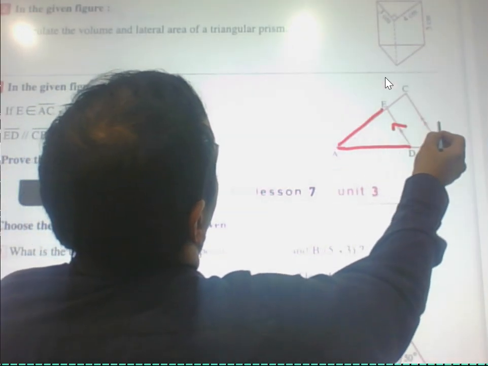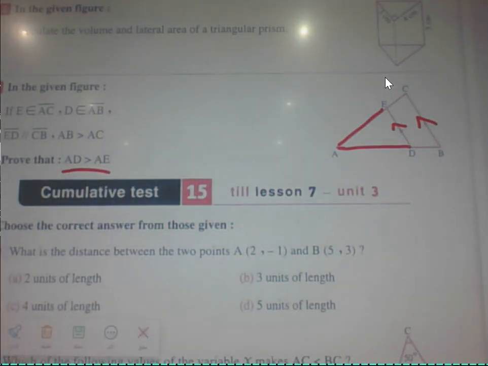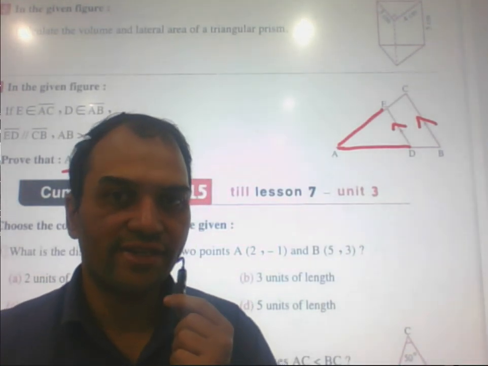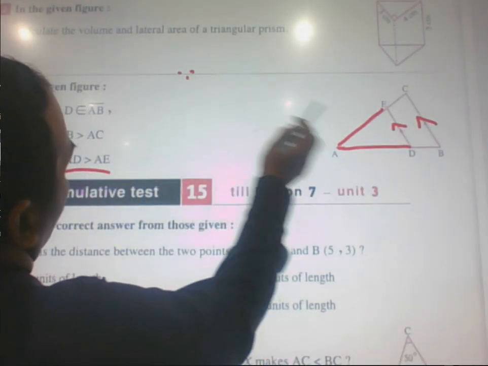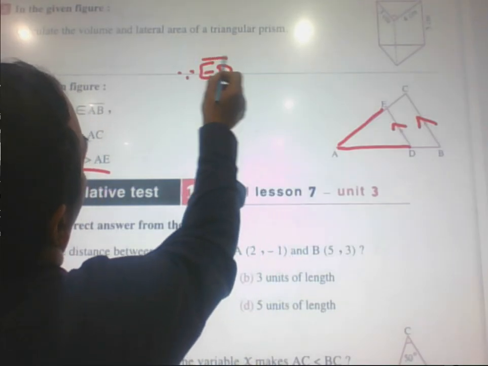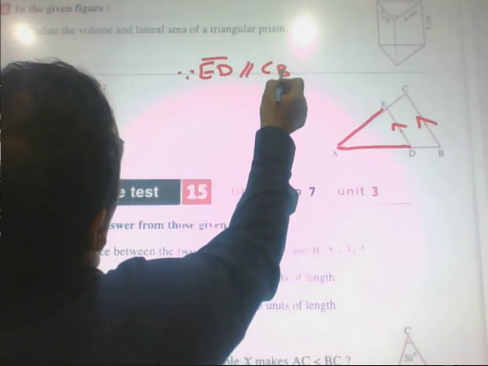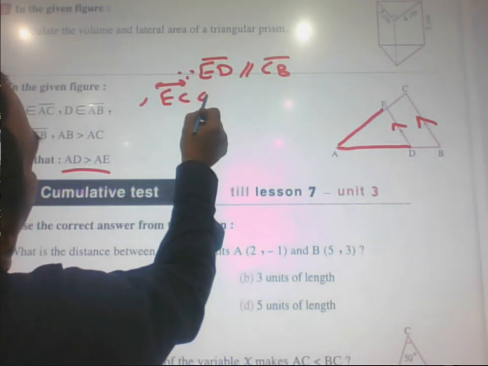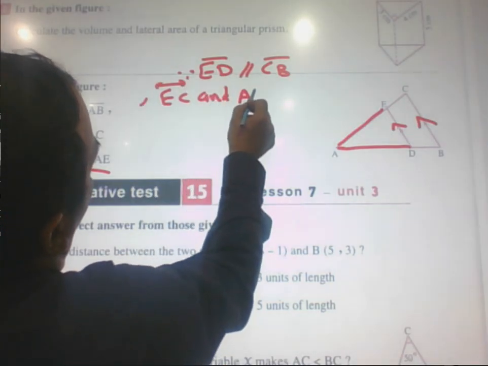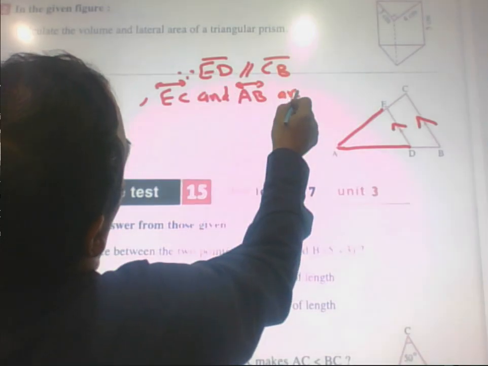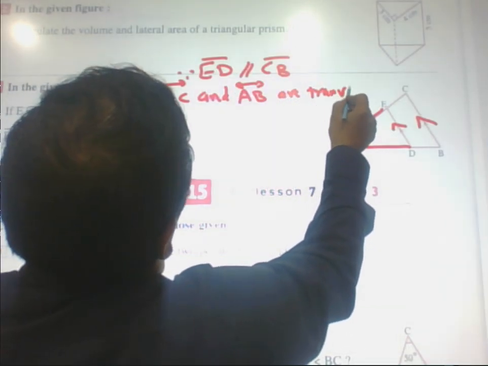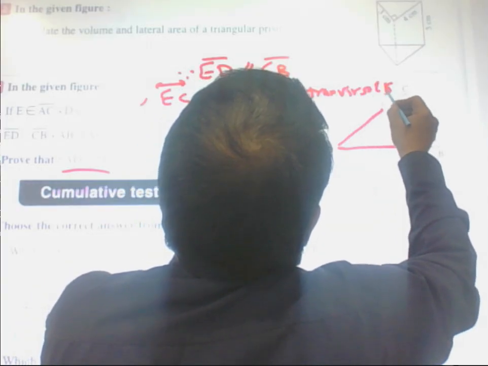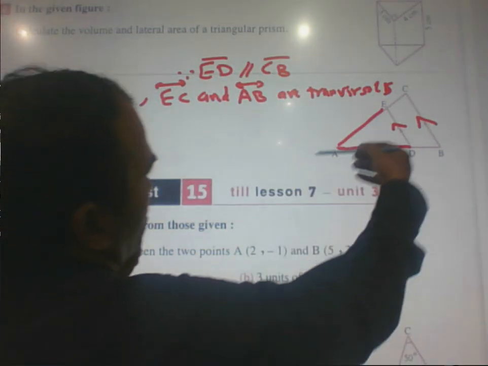First step, we have two parallel straight lines, and two straight lines intersecting them, so we have corresponding angles here. ED is parallel to CB, and the straight lines EC and EB are transversals.